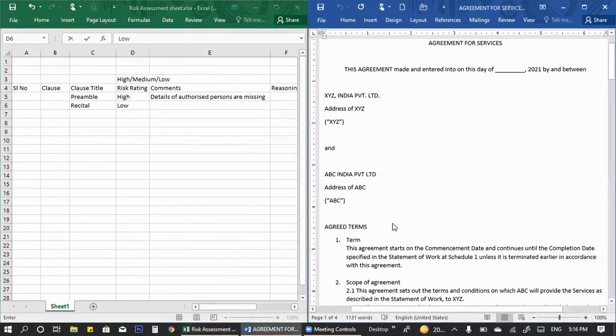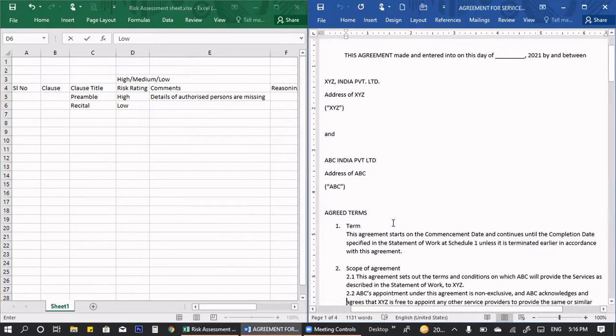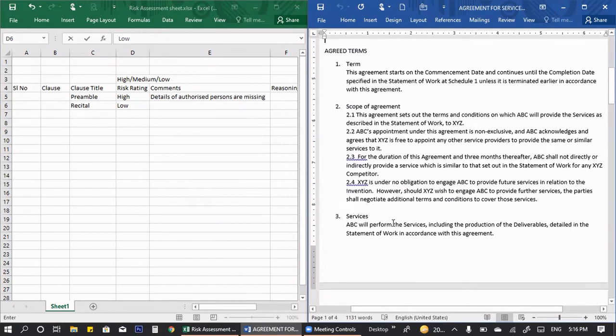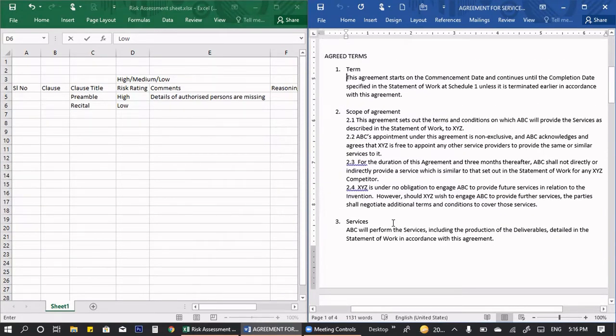Now we'll be looking into agreed terms, that is clause 1. The first clause says this agreement starts on the commencement date and continues till the completion date specified in the statement of work at schedule 1, unless it is terminated earlier in accordance with this agreement.